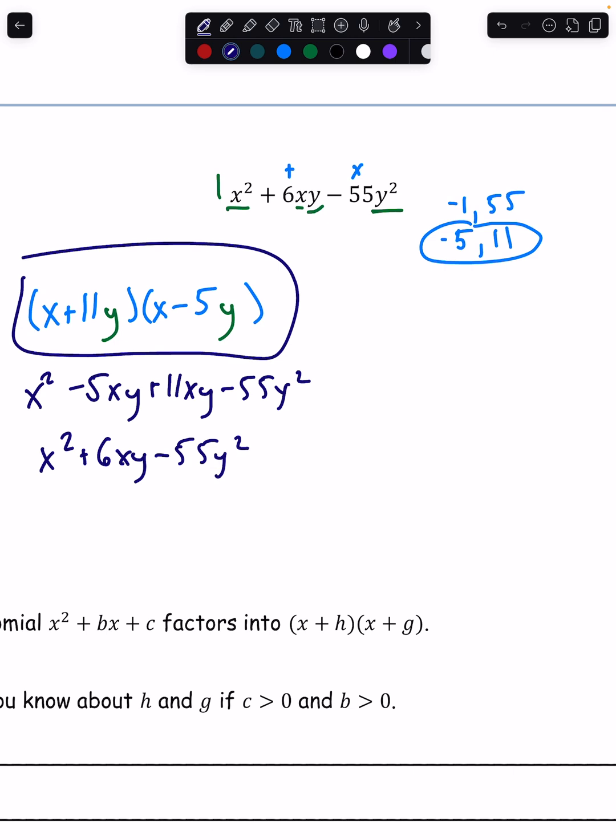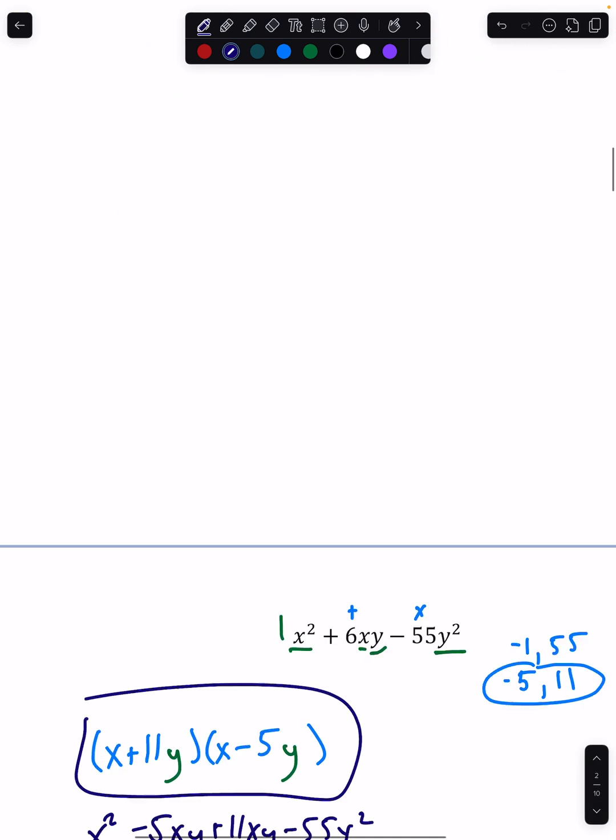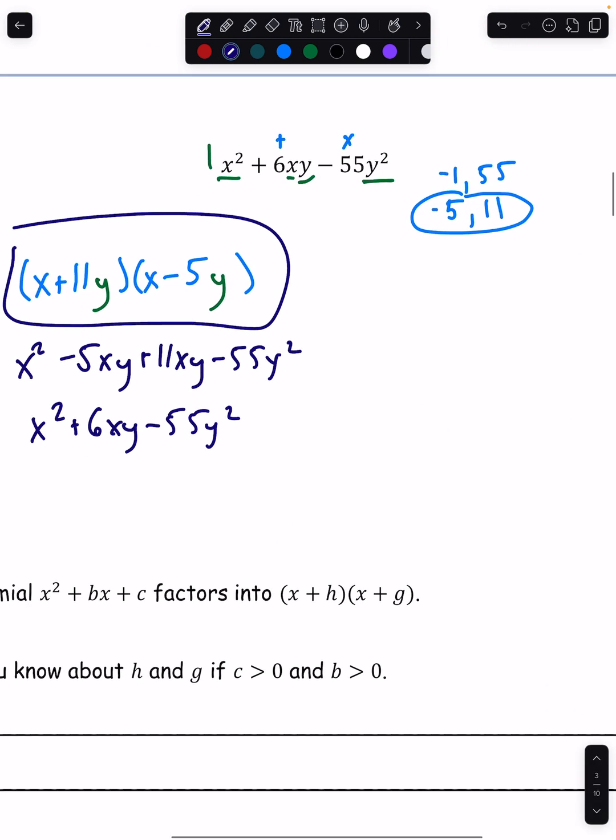So you could do it that way, or you could do method 2 from the last page, factor by grouping. I think this way might be a little bit easier to think of for this one. It's all the same steps pretty much in the beginning because our lead coefficient's 1, so we do 1 times negative 55, and we get negative 55. So we want the two numbers to multiply to negative 55.